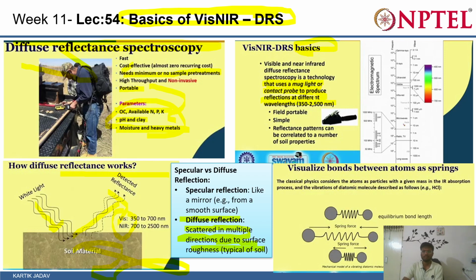And this instrument is in the form of a field probe. It is portable in nature, simple, and the reflectance pattern can be correlated to a number of soil properties. You can see this chart. This is the visible region, and below this is the infrared region, and the infrared region has near infrared, mid infrared, and far infrared.